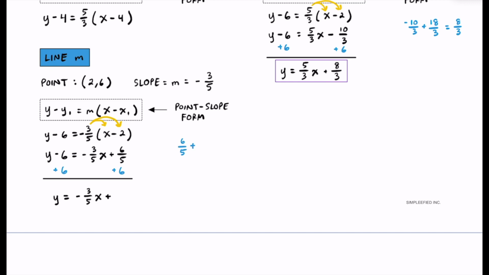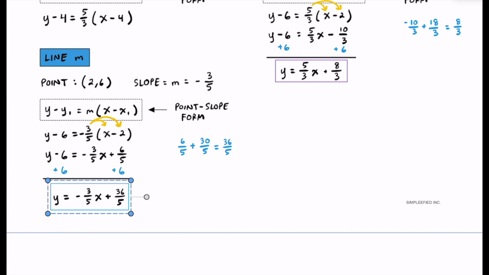We're going to add 6 to this, but 6 is the same thing as 30/5. We're using common denominators here. And then we can add these to get 36/5. So that would be the y-intercept here. So it's going to be 36/5. So while we did have the equation in point slope form here, here is the equation in slope-intercept form.